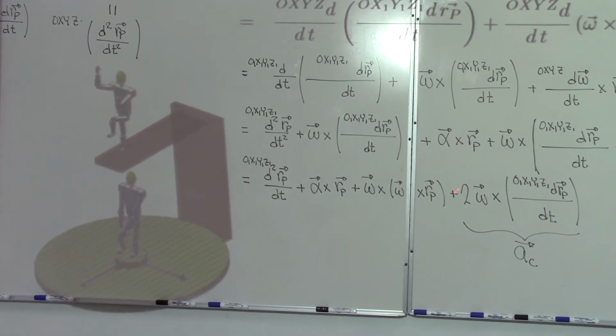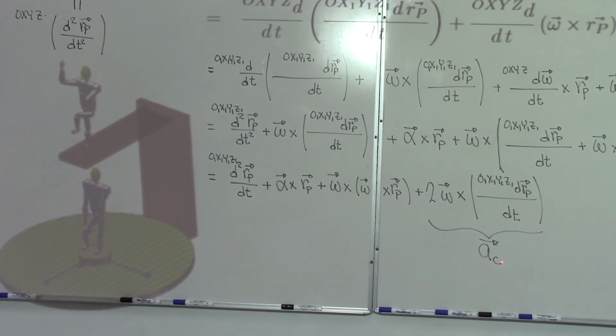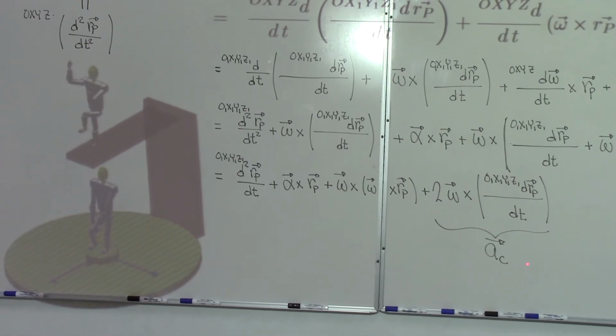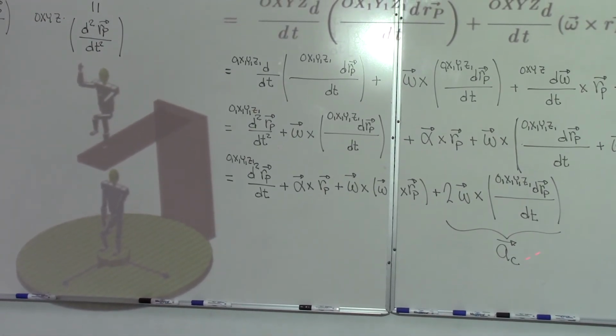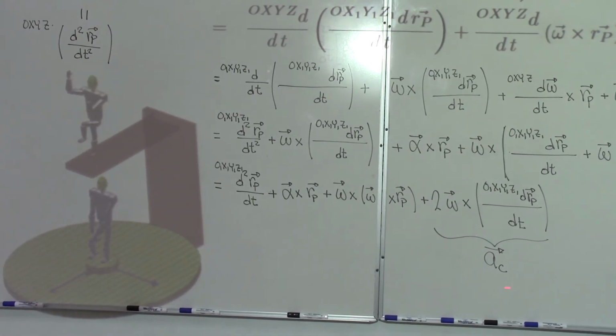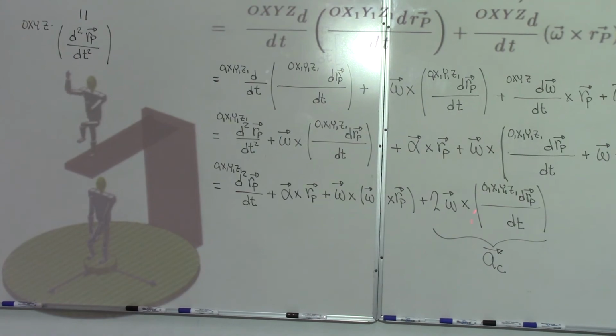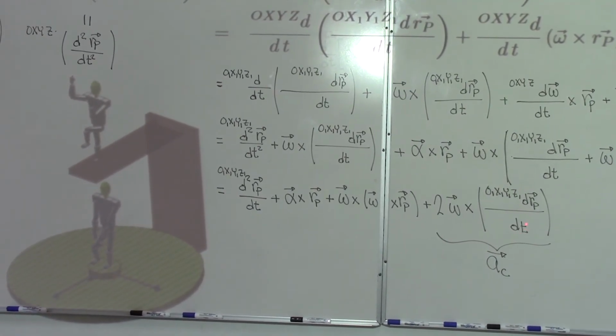And finally, these terms represent the Coriolis accelerations. They don't have an easy physical interpretation. What we can see is that the Coriolis accelerations will always appear provided that we have two different conditions.